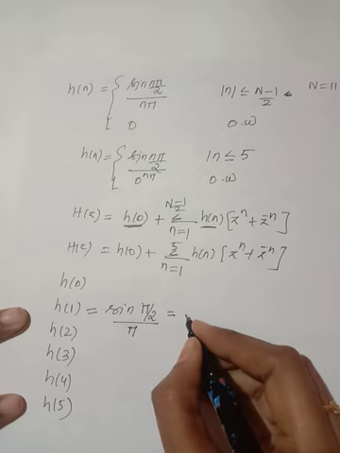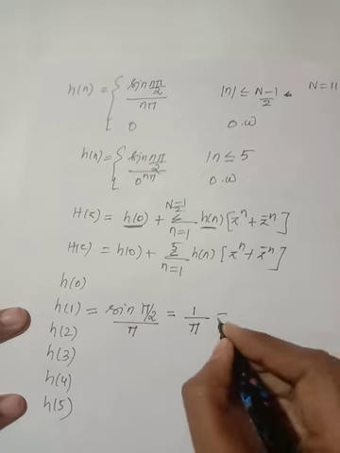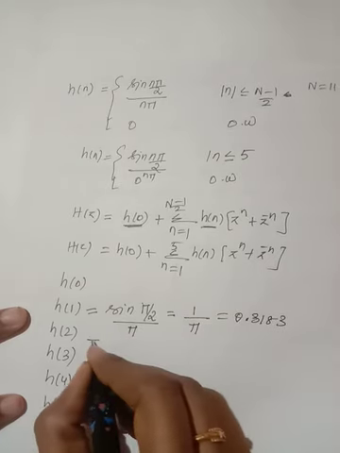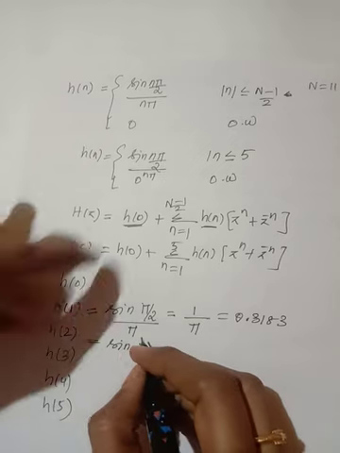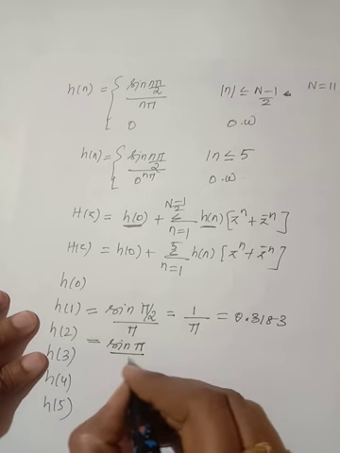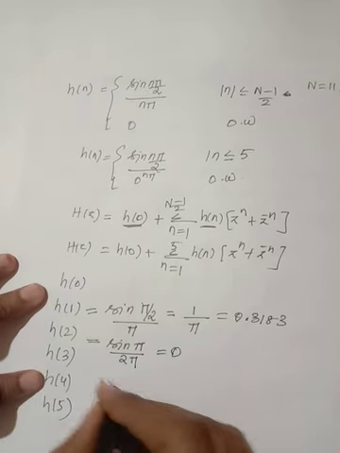Sine pi by 2 is 1, so it is 0.3183. You can check with your calculator. Then for 2, the 2 will get cancelled, so you will get sine pi divided by 2 pi, which is equal to 0.